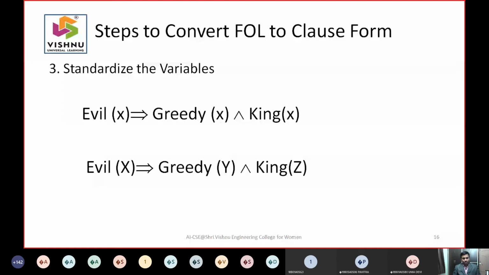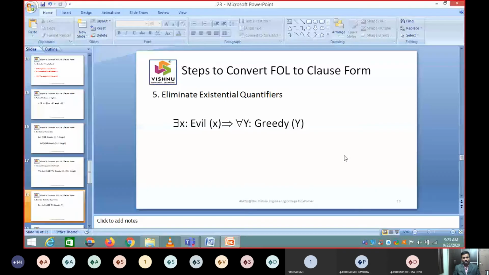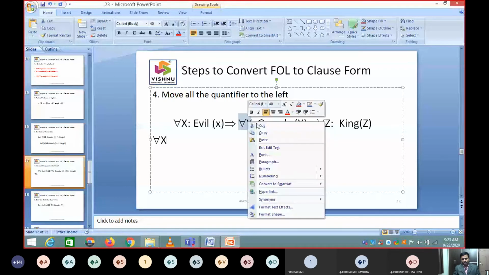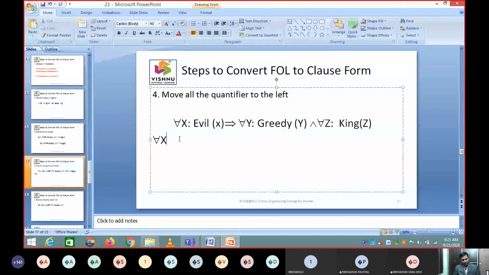There is a rule to move all the quantifiers to the left. This is a standard rule, and some textbooks say move all the quantifiers to the LHS. So we have many quantifiers here, and you put all the quantifiers at the same place. The reason is that every time we will remove these quantifiers, whether universal or existential.